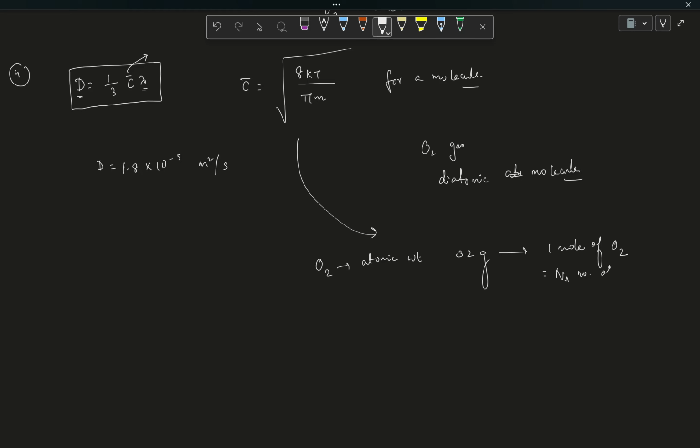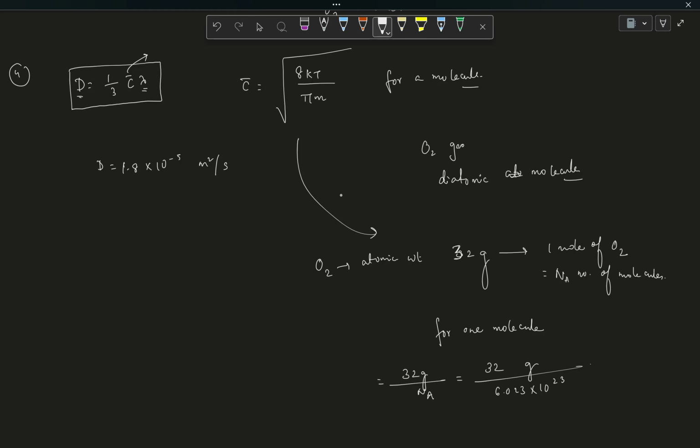So Avogadro number of molecules have a total mass of 32 gram. So for one molecule, what will be the mass? It will be 32 gram by N_A, that means it is 32 by 6.023 into 10 to the power 23 gram.